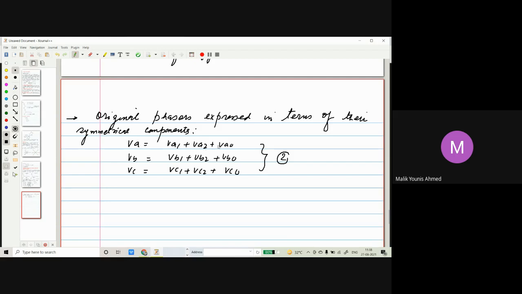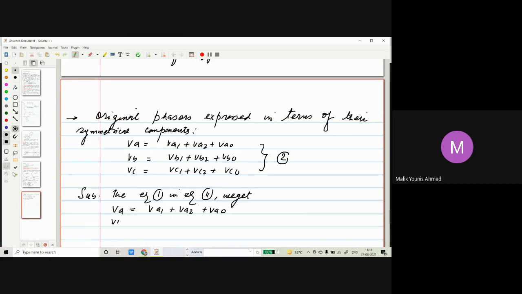Now substituting equation 1 in the first. VA will be written as VA1 plus VA2 plus VA naught, and all these things will remain same because we want everything in terms of suffix A. So the first expression is not going to change.